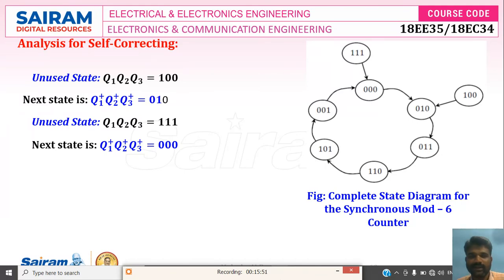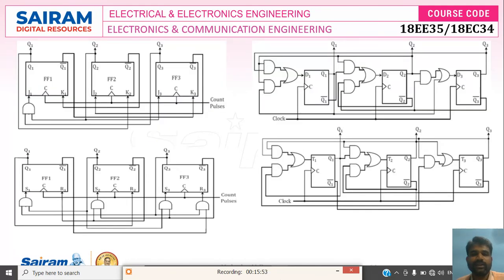And see a small comparison. Here this is the circuit diagram using the JK flip-flop, this is using the SR flip-flop, and this is using D and T. Okay. Complexity-wise, using JK is simpler, SR is a little bit more complex, and T and D are more complex.